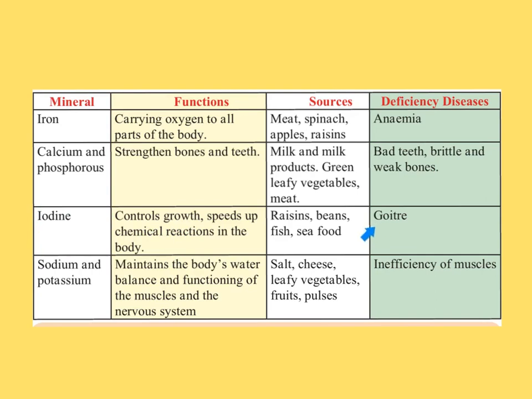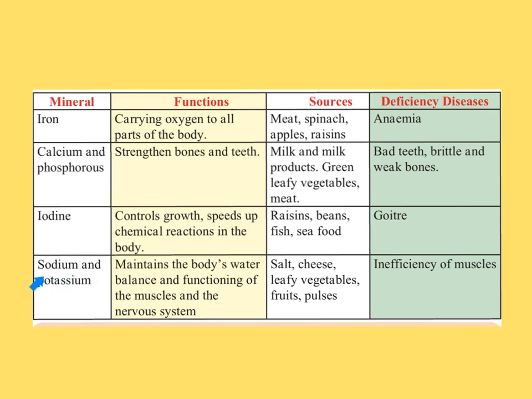So goiter is a condition where the thyroid gland grows abnormally. Deficiency of iodine can also cause mental retardation. The sources of food that are rich in iodine are raisins, beans, fish, seafood, and even the iodized salt that we use in our food.